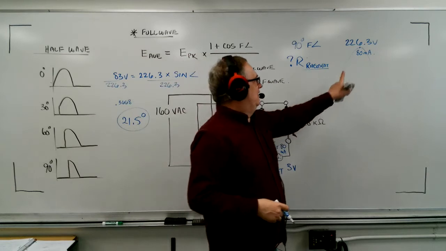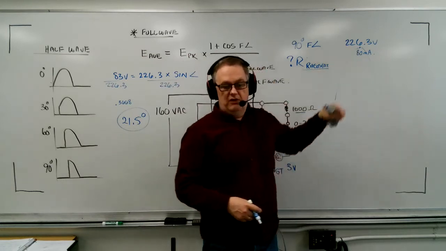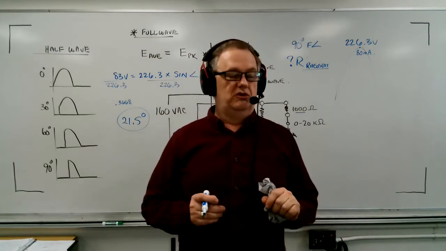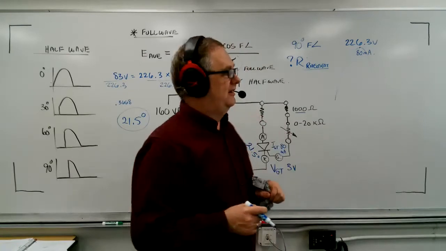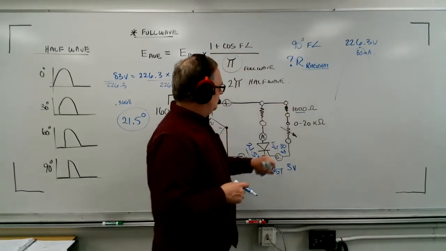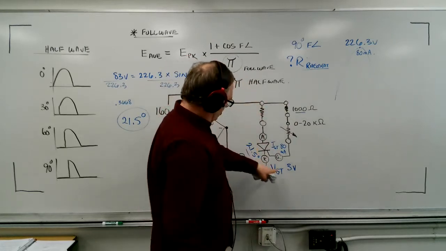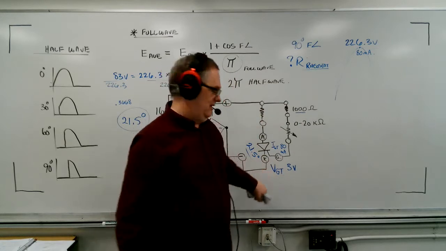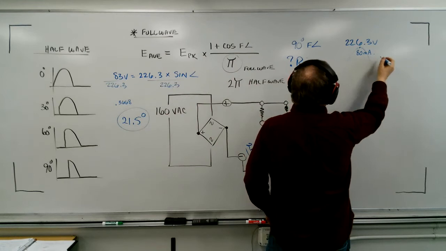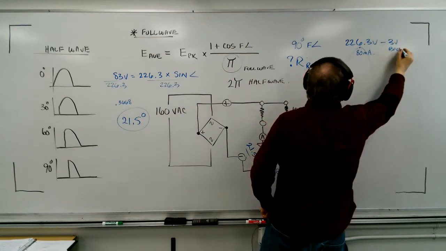Now here's the question. Is all of that 226.3 volts actually available to push current through the circuit into the gate? And the answer is no, because that 226.3 volts is applied from here to here, but there's a 3-volt drop across the gate. And so that means I have to subtract 3 volts of barrier voltage.